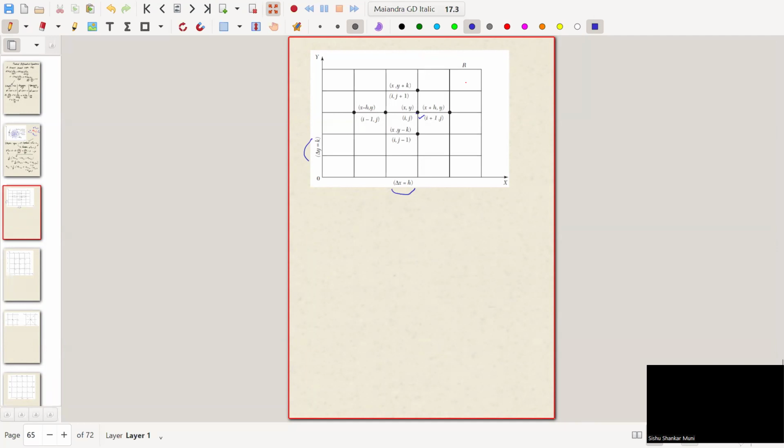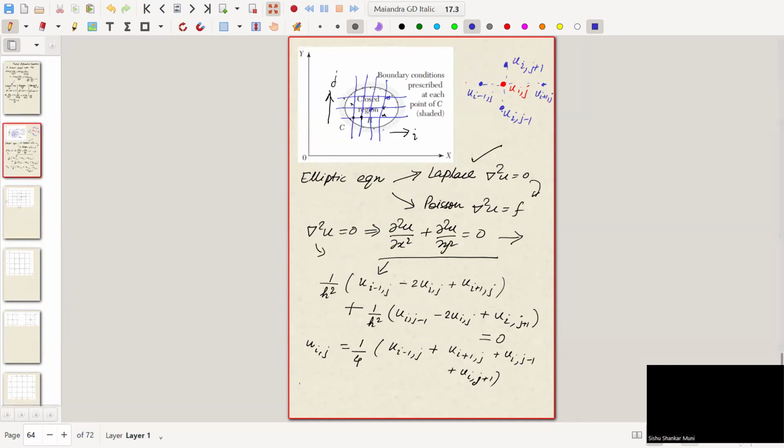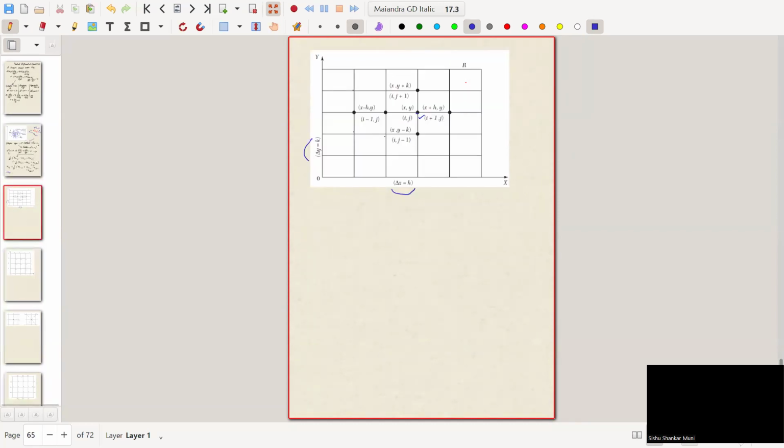So since you found this point, one of the points is taken just for illustration purposes. But the numerical method is such that if you vary both i and j, you are going to traverse each of these nodes. If you vary i and j, you are going to cover each of the nodes of the grid.